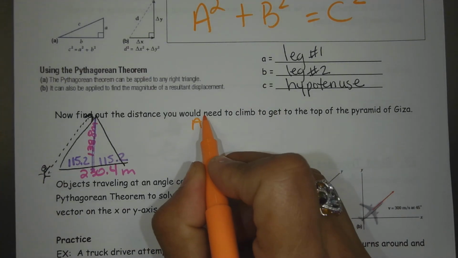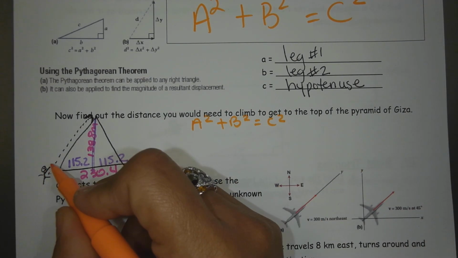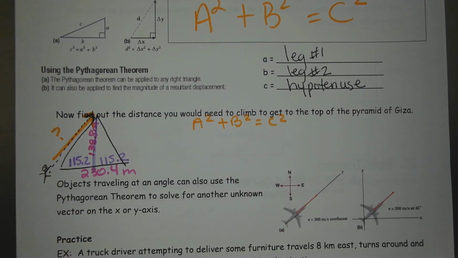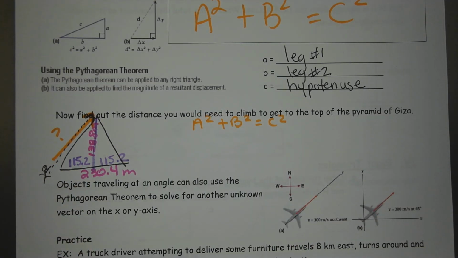Now, when we do a squared plus b squared equals c squared, this is the leg that we're looking for right here. That is my unknown leg. And you know that the hypotenuse is your c. This is going to be leg A and leg B, however you want to call it.